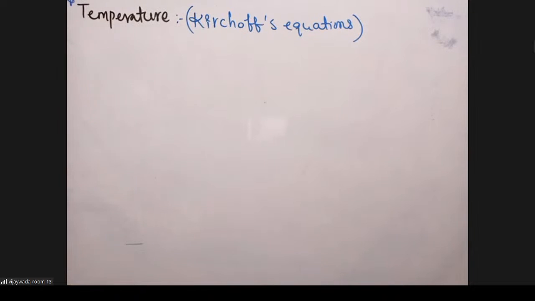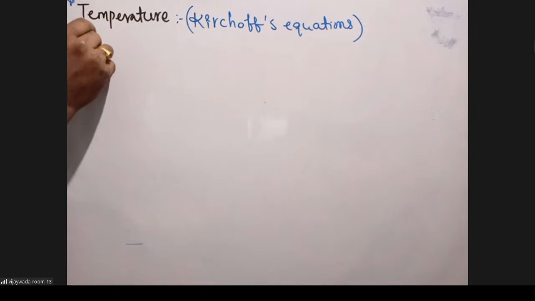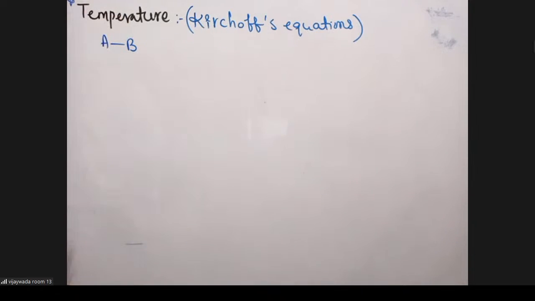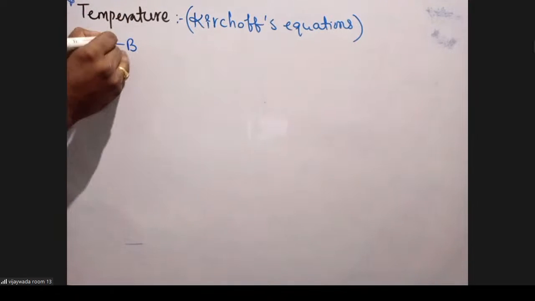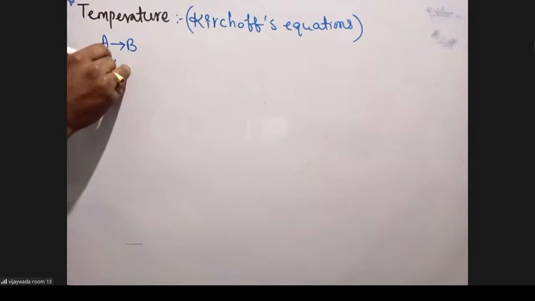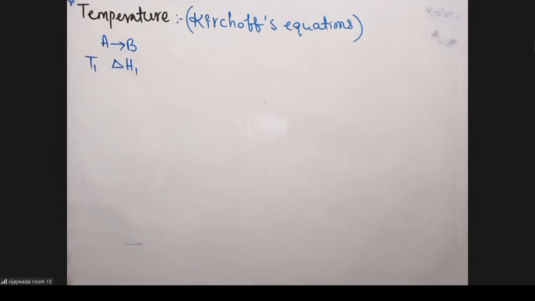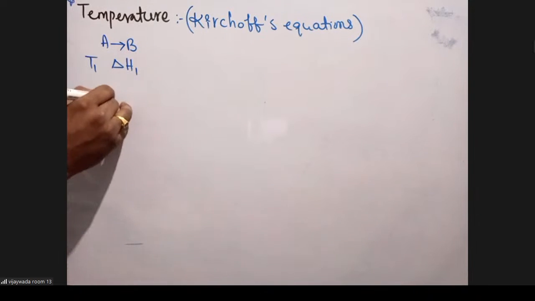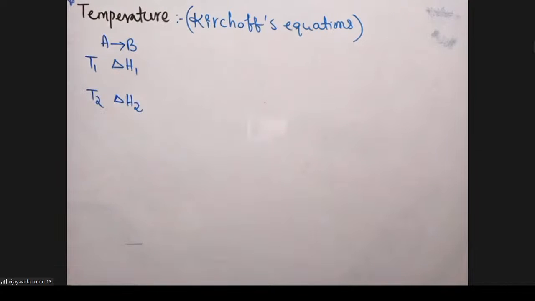Let us consider a chemical reaction A to B at temperature T1. The observed heat energy is delta H1. If you change the temperature to T2, what is delta H2? How can we calculate the delta H2 value?